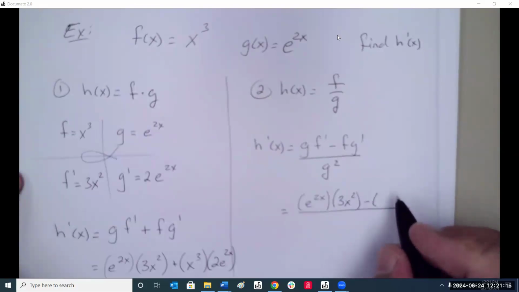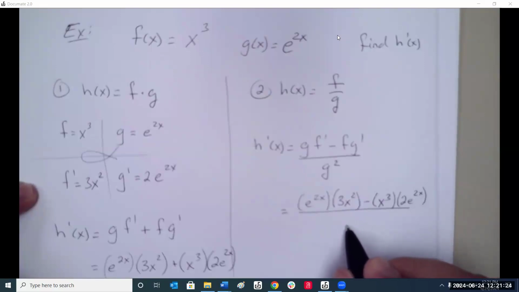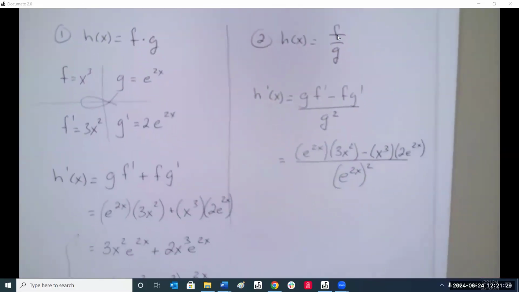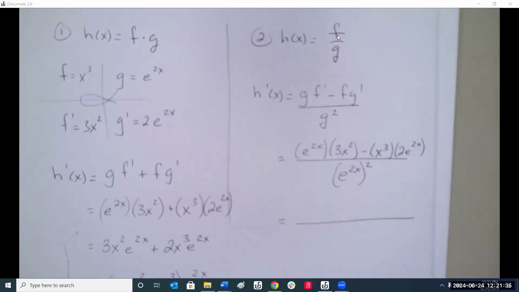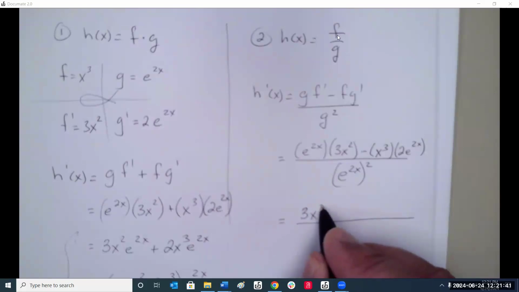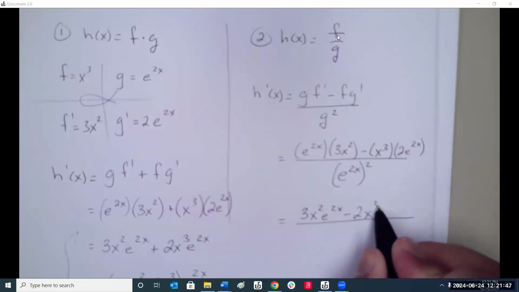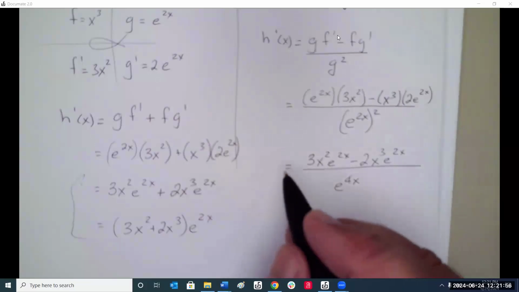Minus, two x. And there's your derivative.